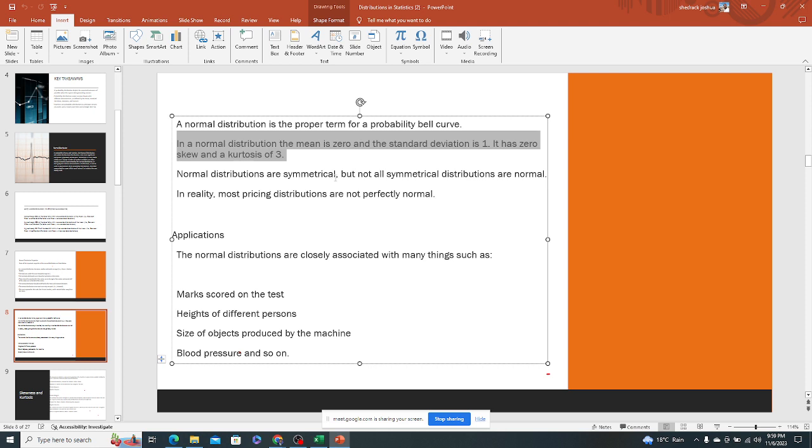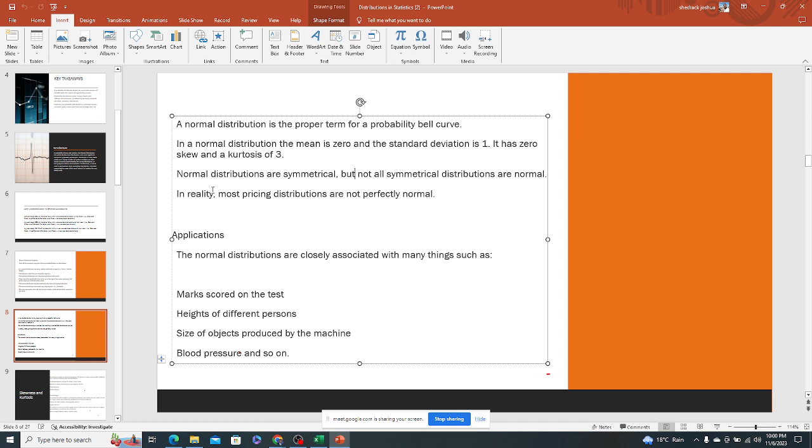Normal distributions are symmetrical, but not all symmetrical distributions are normal distributions. In reality, most pricing distributions are not perfectly normal, but we have some applications for the normal distribution. For example, we can model the marks scored on a test.